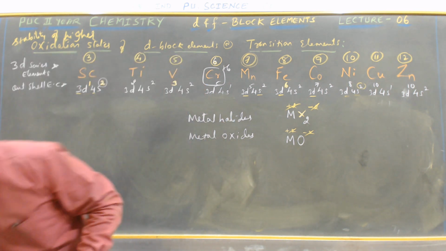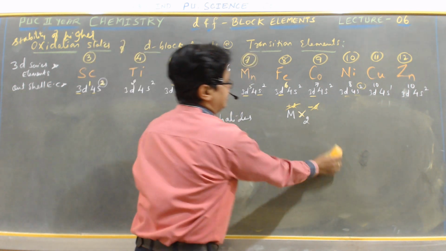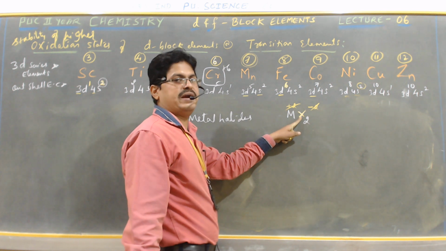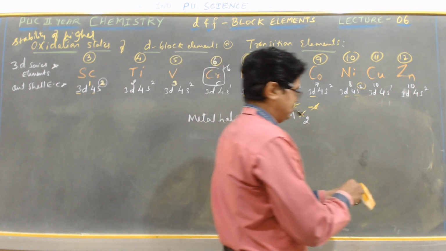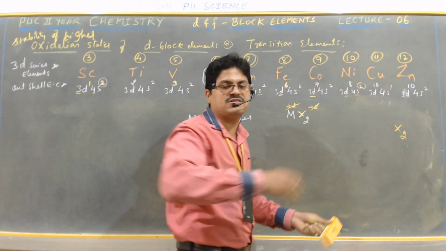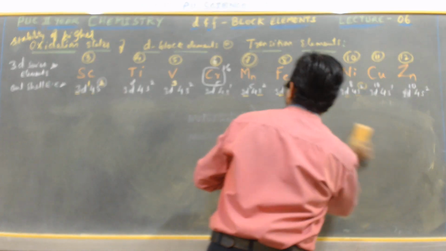Let me focus on metal halides. I am taking X minus as halide, otherwise X2 is the halogen. When a halogen reacts with a metal, it forms a metal halide.